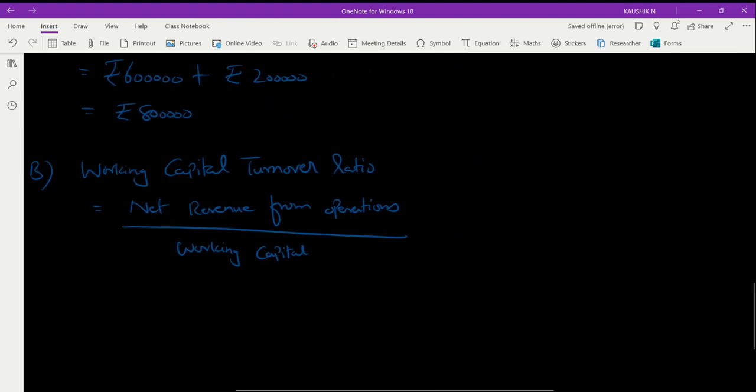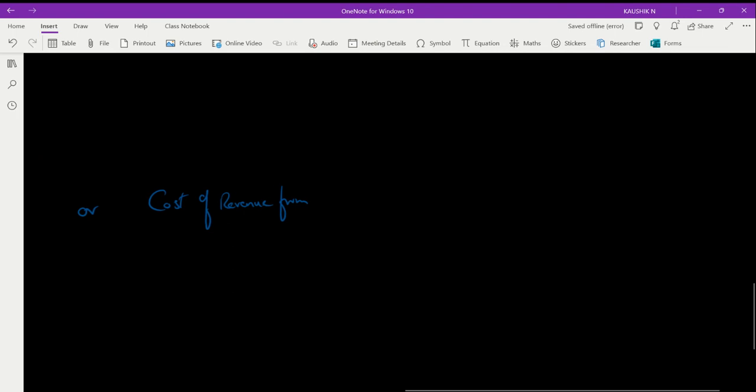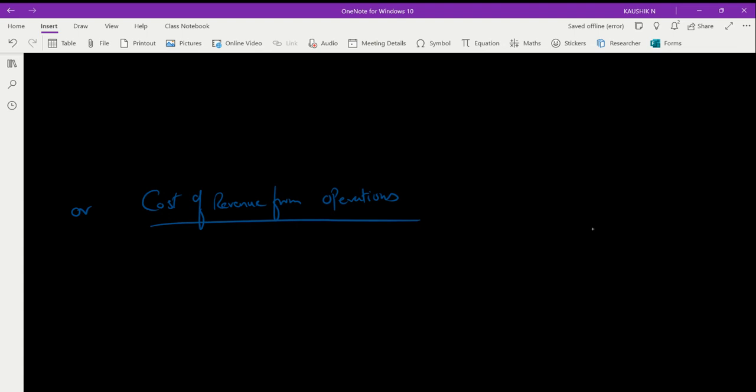This is one formula, or there is one more formula, that is cost of revenue from operations divided by working capital.